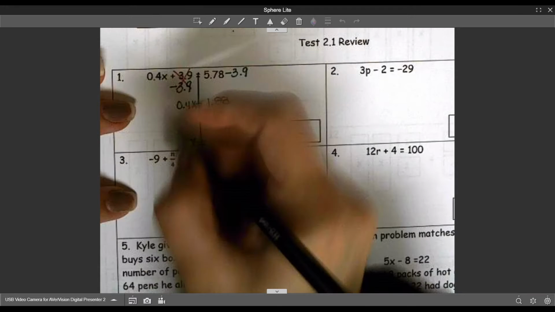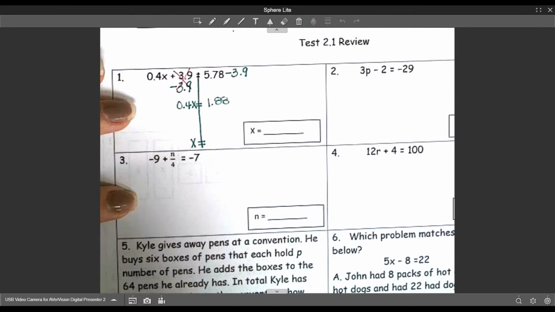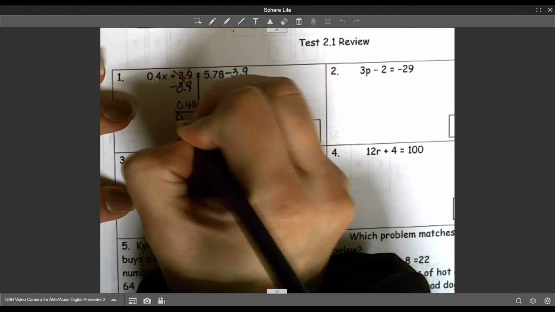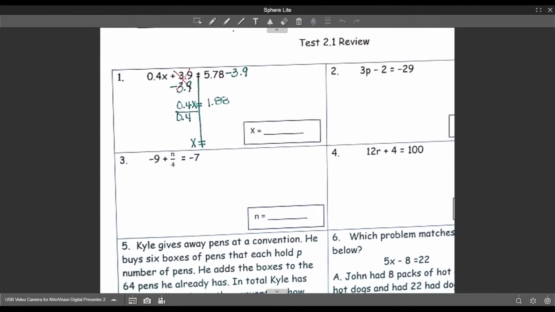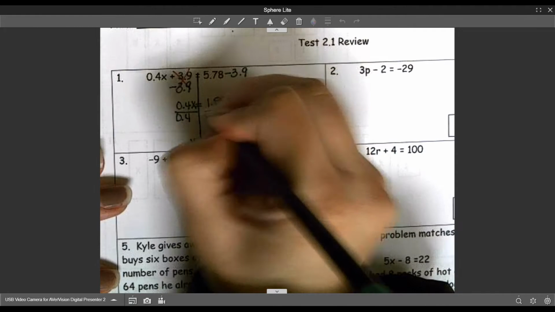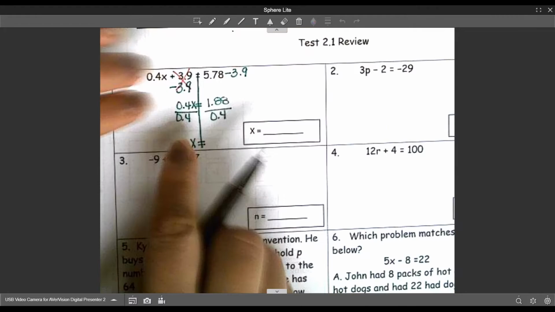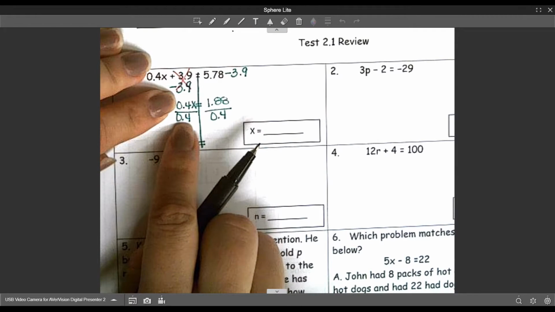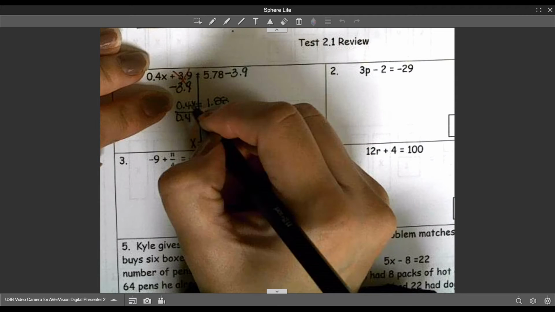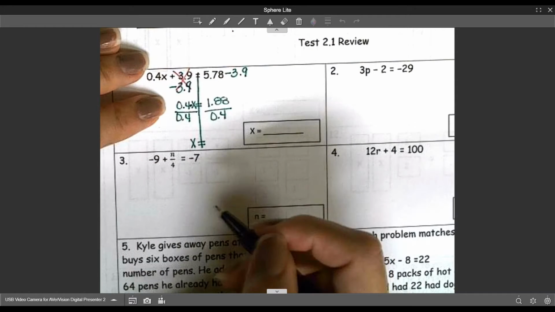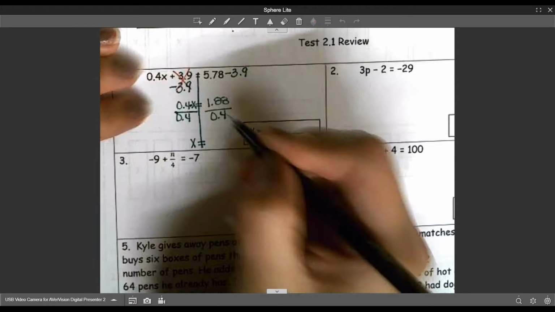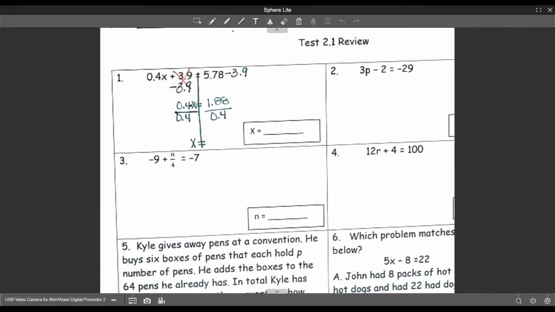So instead of multiplying by 0.4, I'm going to divide by 0.4. Notice that I did not change that 0.4. It's still a positive 0.4. What I changed was that multiplication in the middle to division. That's what I changed.